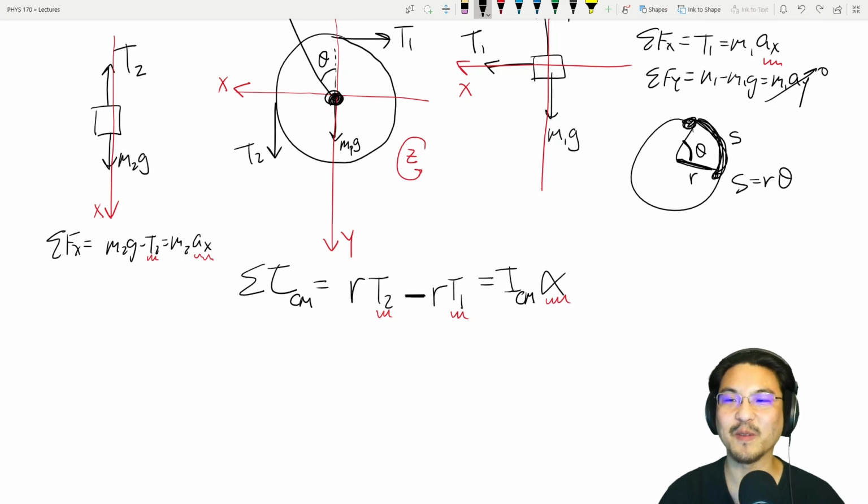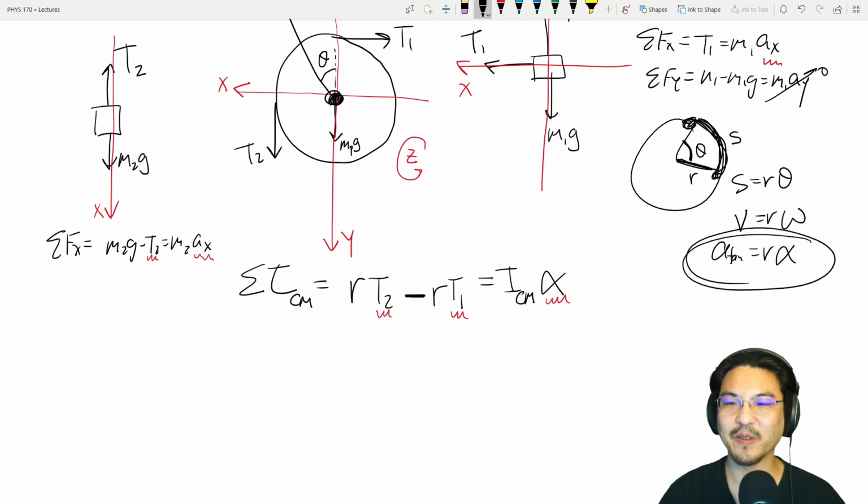And then take a time derivative for constant radius. This becomes V. This becomes omega. Take one more derivative. Because this is tangent to the path, it's the tangential component of acceleration. Then it's time derivative of angular velocity, angular acceleration. Okay, so this is true for the acceleration tangent to the path.